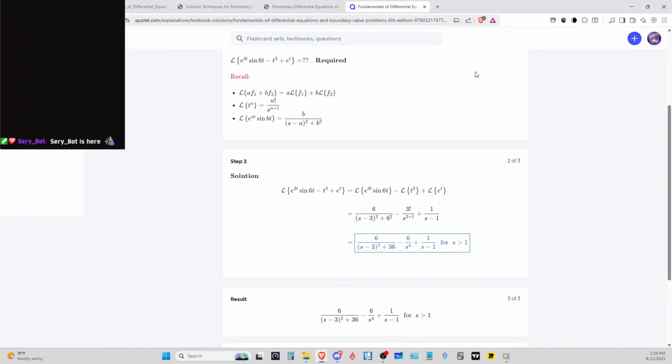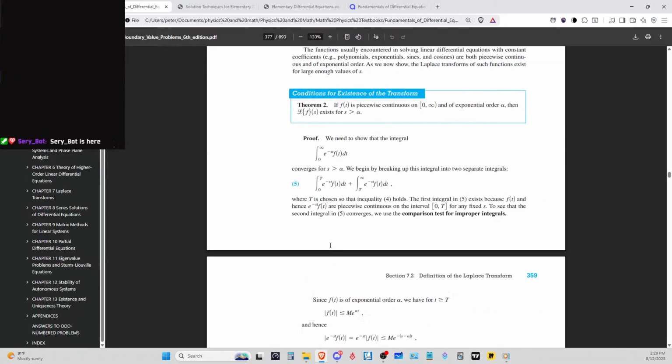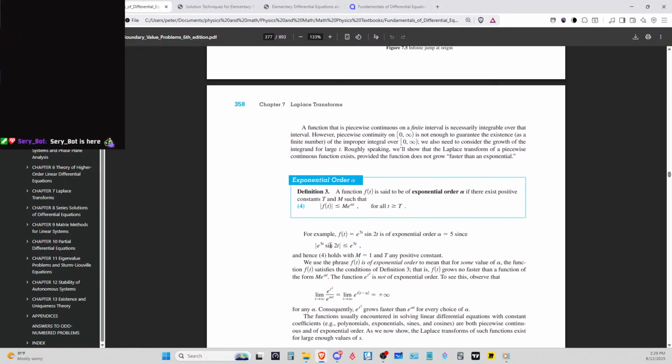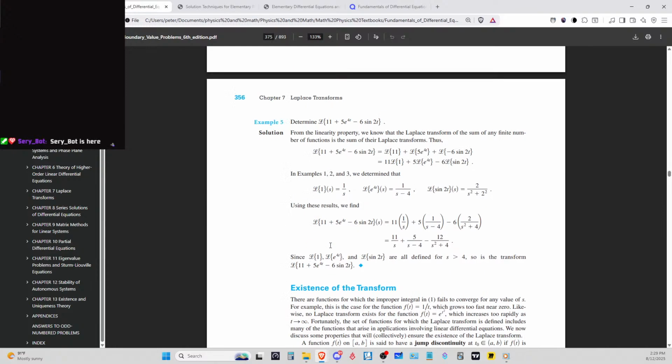Very interesting. Maybe I have to read up a little bit more on how they do this. So let's see if we can find an example of what they did.